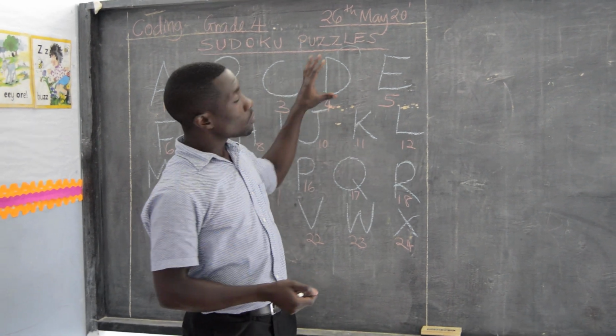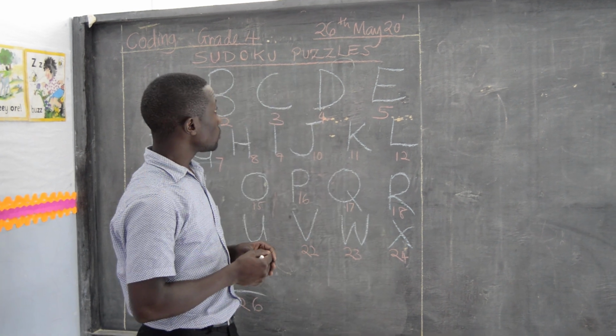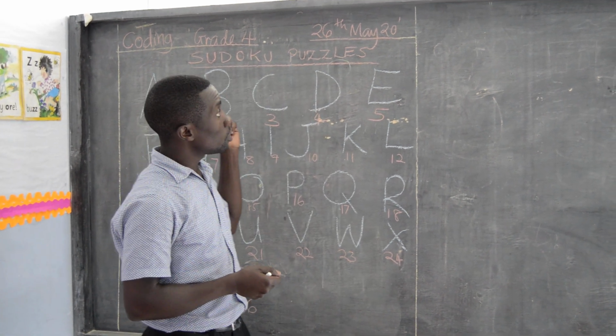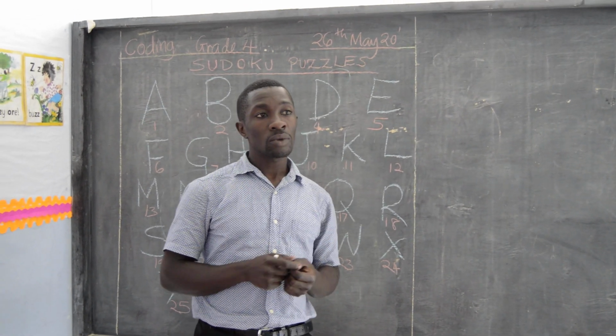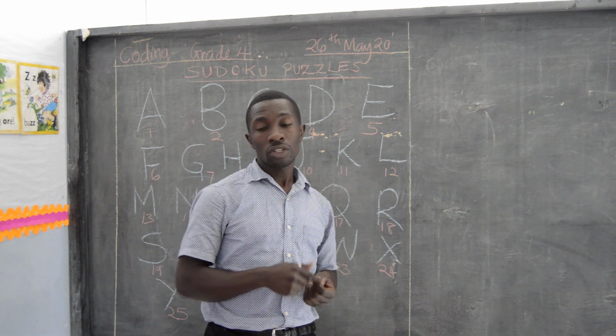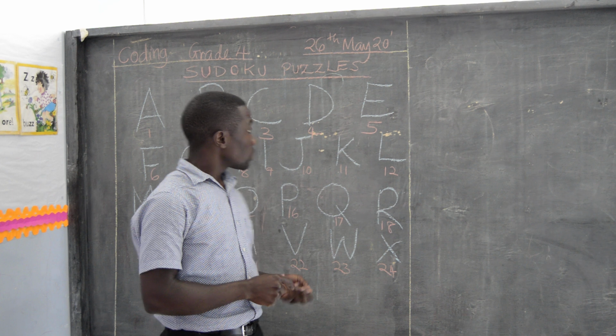So we are going to code and decode information, and I'm hoping that we are all going to understand this today. If not, we shall just review the lesson once again in the coming lesson should I get the feedback from your parent. So today I want us to look at this.